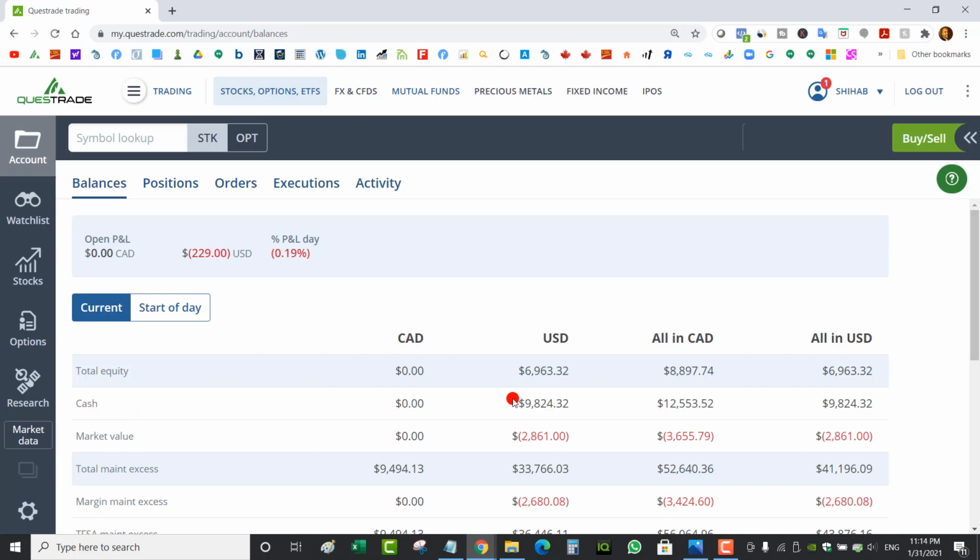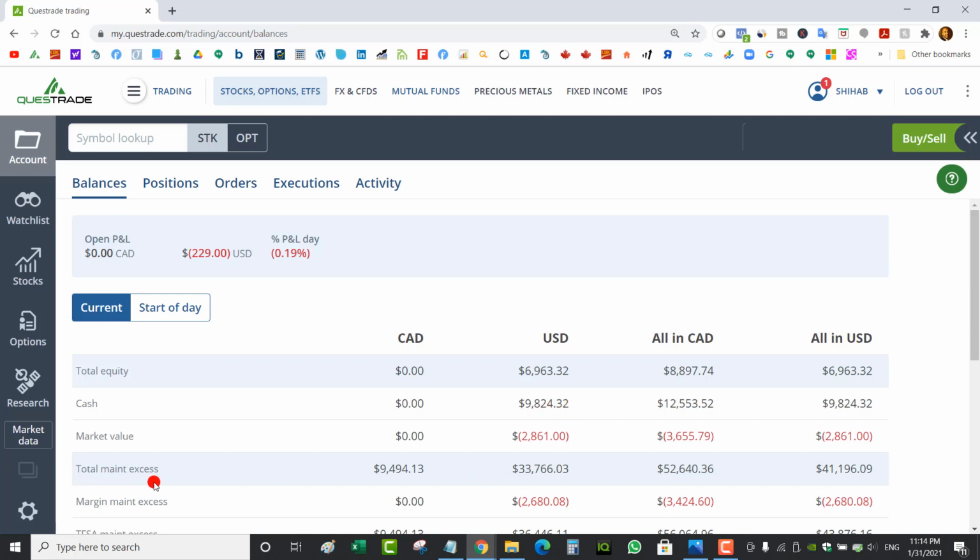I'm going to give an example of some trades and tell you which line is impacted when you place that trade. For example, if I buy shares, let's say I buy $1,000 worth of shares in my margin account, that $1,000 is going to impact my cash, because I'm going to have to spend $1,000 to buy that stock. So my cash line would be $9,800 minus $1,000.